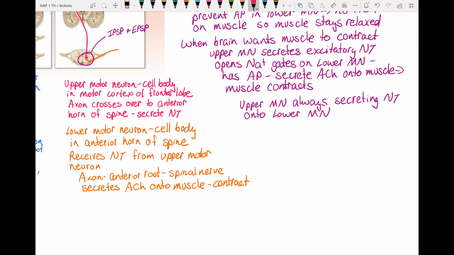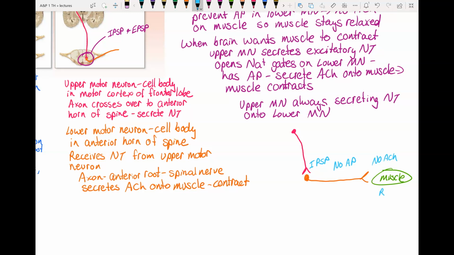So you have your upper, starts in the brain, it comes down, and then you have your lower, located in the spine, and it goes out, and then you would have your muscle here. Anytime that this is inhibitory neurotransmitter, then there is no action potential here, no acetylcholine here.